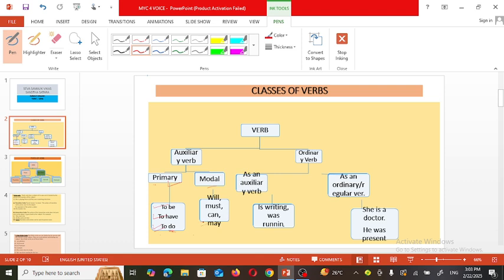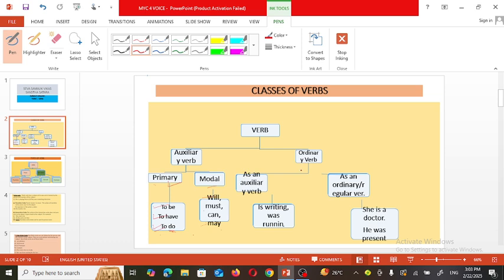"It may rain" shows possibility. To show possibility, we can use the auxiliary verb may. Or "I will achieve it." To give assurance, we can use the auxiliary will. So when we use these verbs with certain intention, they are modal auxiliary verbs.